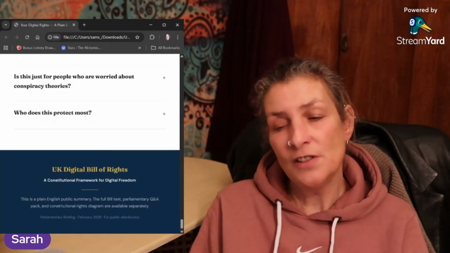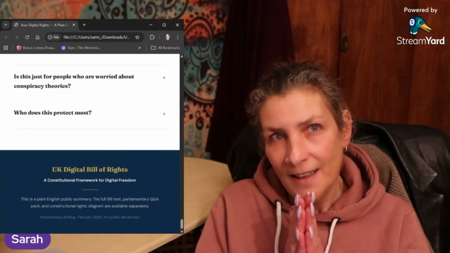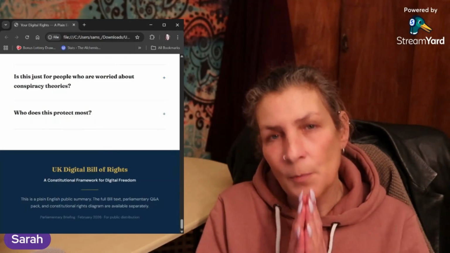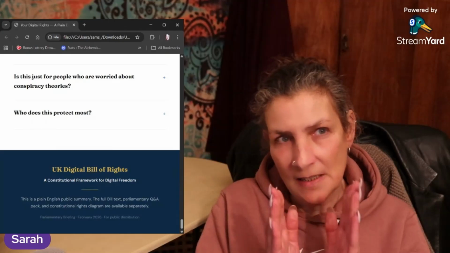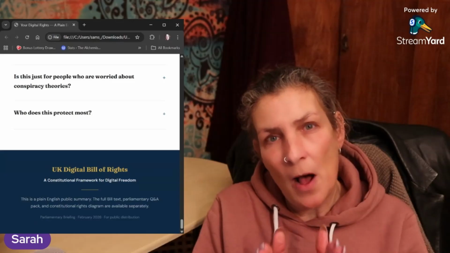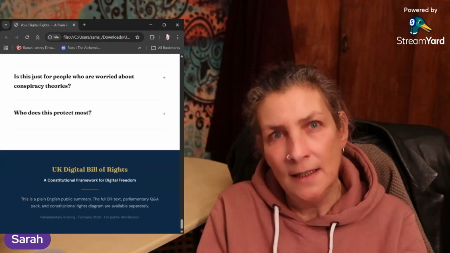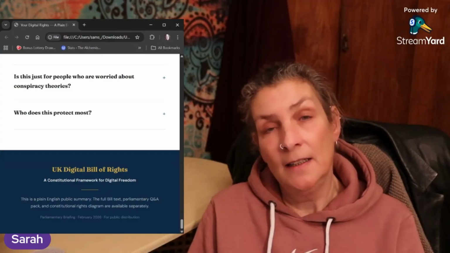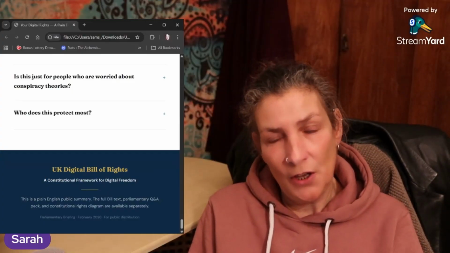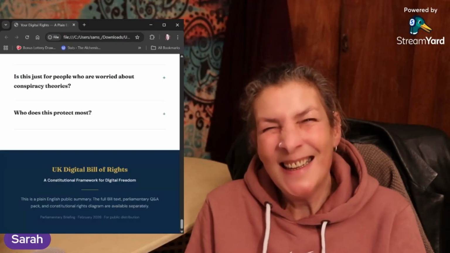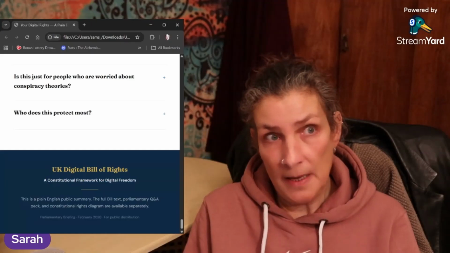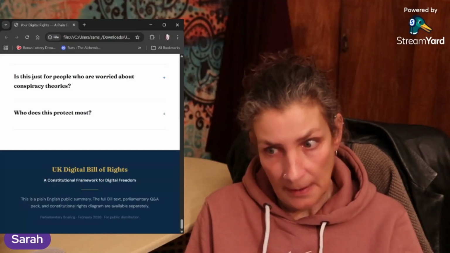So this was my way of getting it over to you in as plain English as I could possibly make it, because the bill itself, obviously, if it has to go through a parliamentary line, the wording of it has to be right. But I wanted to share with you a bog standard explanation of what the bill's about, so that it would be easy for you to just grasp it.